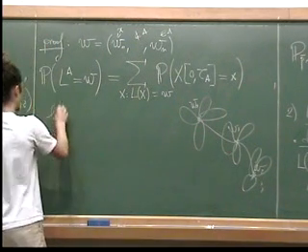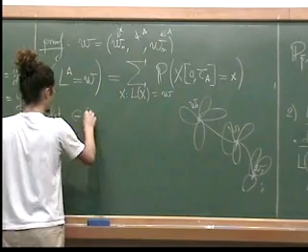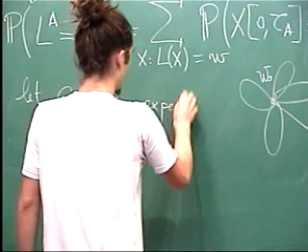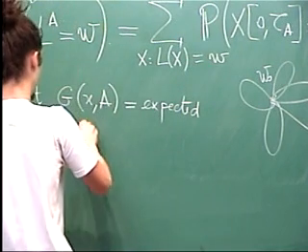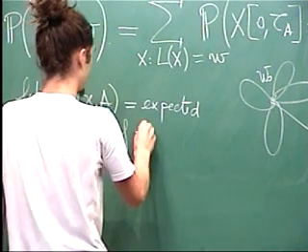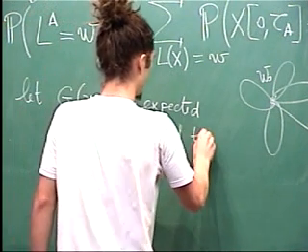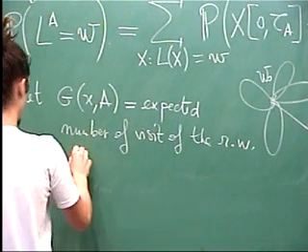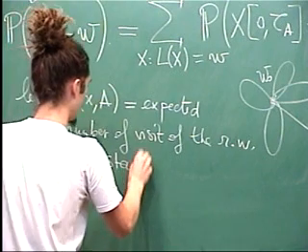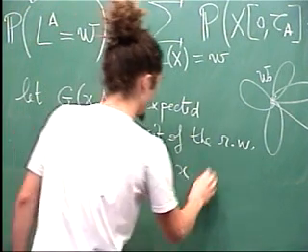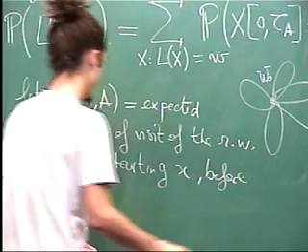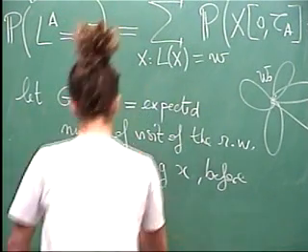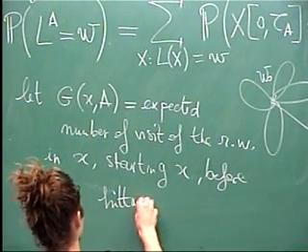So let G(X, A) be the expected number of visits of the random walk in X, starting at X. We start at X. We count the expected number of visits in X before hitting the set A, right?